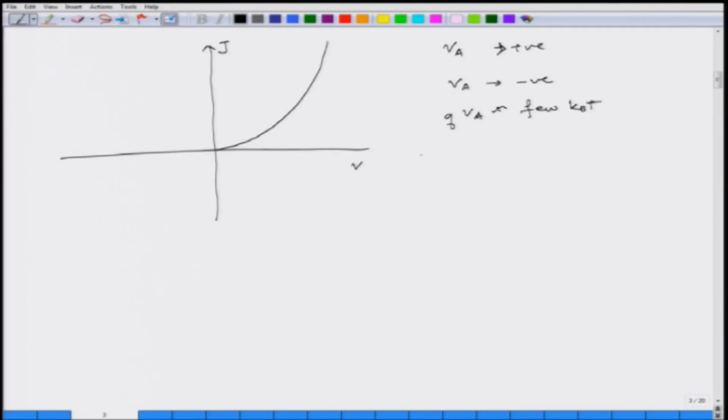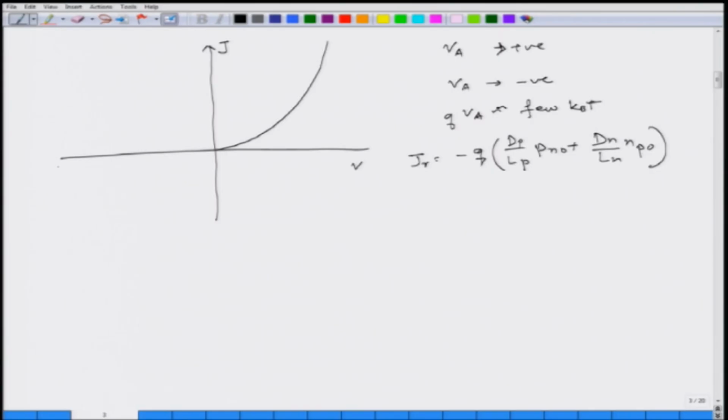Which means that in reverse bias, my current density is nothing but negative of q times D p over L p, p n 0 plus D n over L n, n p 0. So, this is my current density in the reverse bias, and as you can see, it does not depend on the voltage.